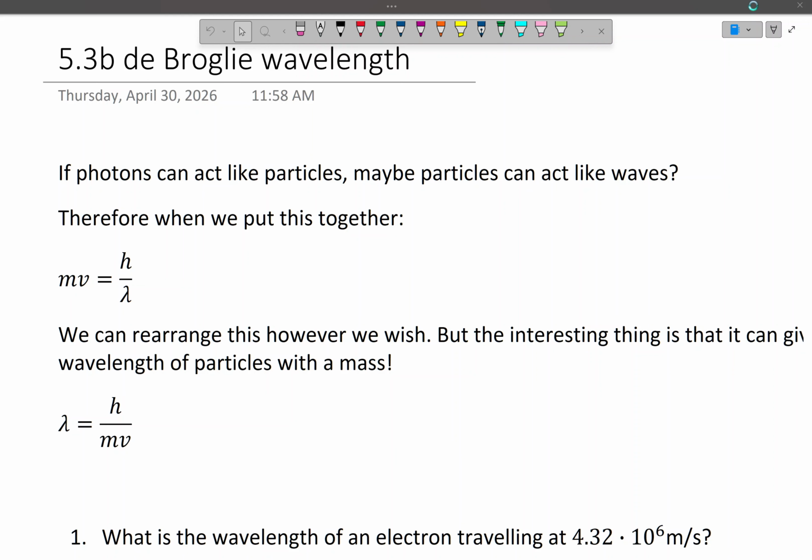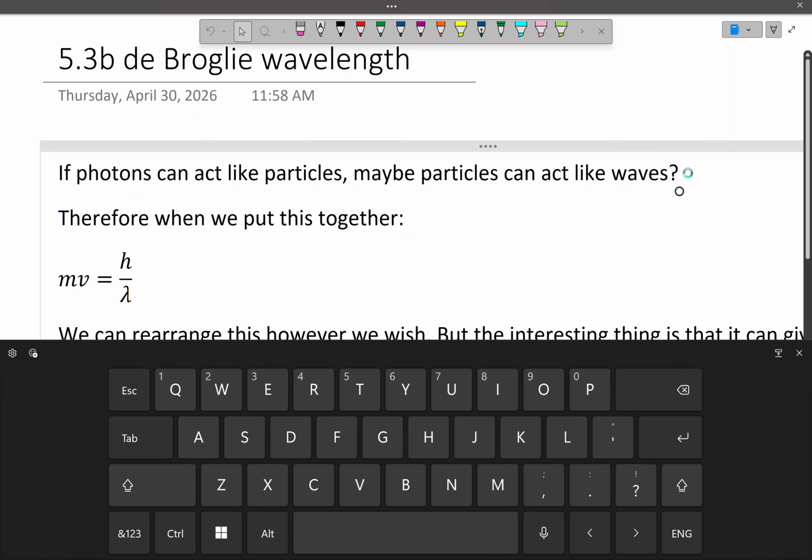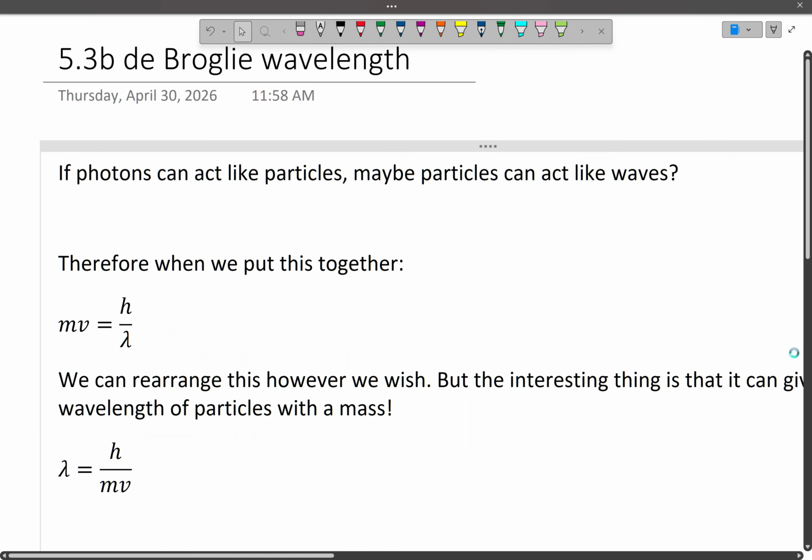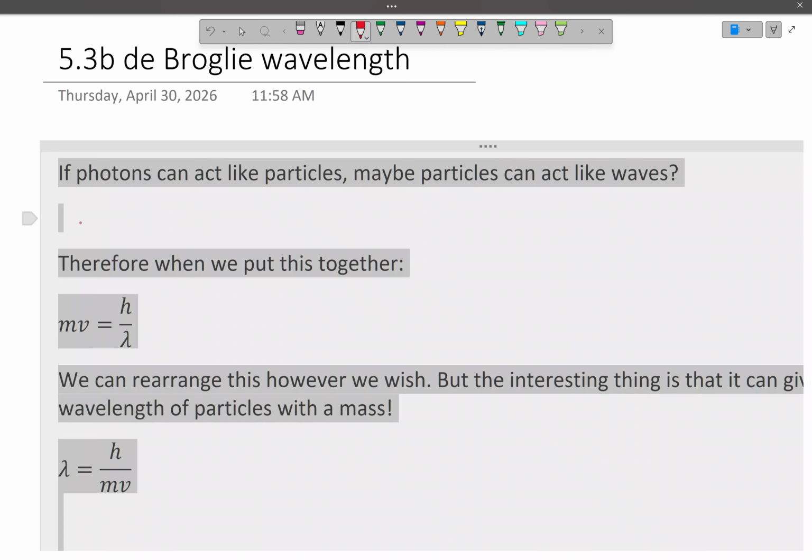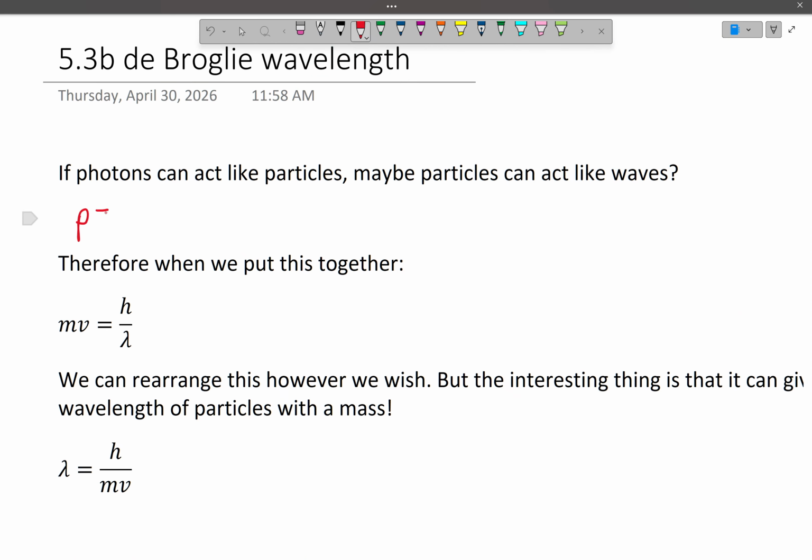And so basically what we're doing here is we're coming up with these two ideas: for a particle, the momentum is p equals mv, and for a photon, or a wave, it's h over lambda.